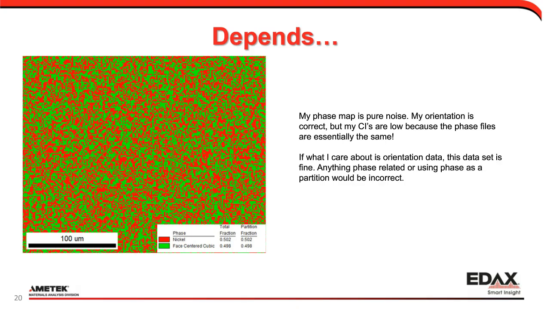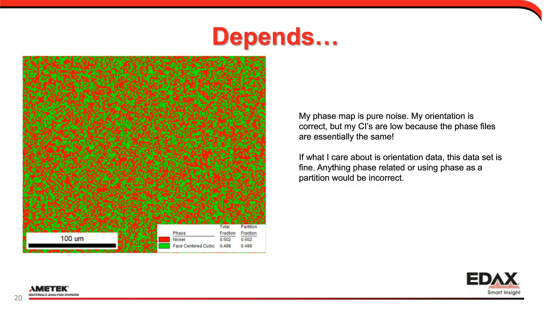Well, I can't actually do that because, again, this phase map is pure noise, and if I actually used this to partition by phase, I'm not going to have any data that makes sense. So again, it's important to understand what the CI map is actually telling me versus my orientation and what I want to do with that data in the end.